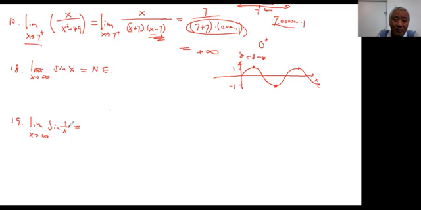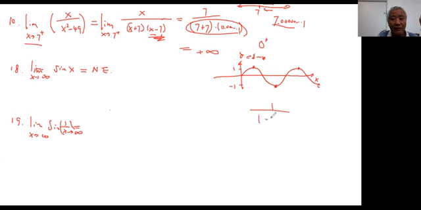Okay, let's try number 19 now. You see, they said x approaches infinity, right? 1 divided by infinity equals what? 1 divided by a huge number, for example.